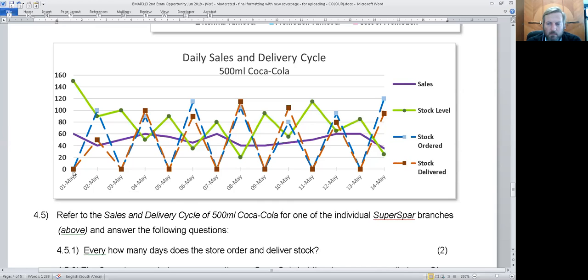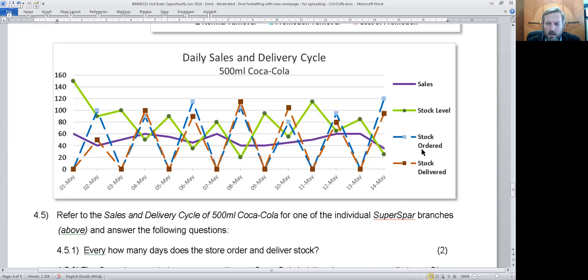Okay, so the blue one, stock ordered, slightly lower, 100 units. Then it's 90 units. Then that's close to 110 units, perhaps 115 units. And then it is just about 100 units, and then it goes down to 80 units and so forth.